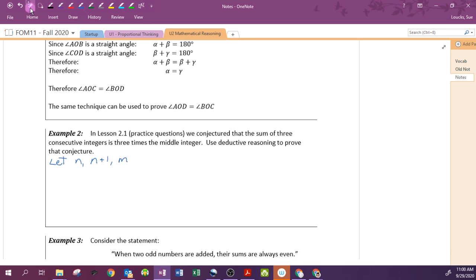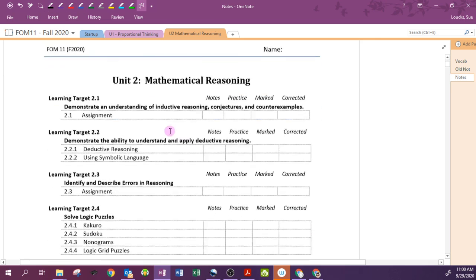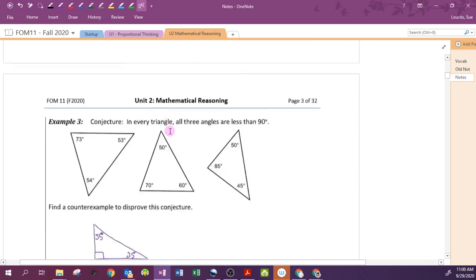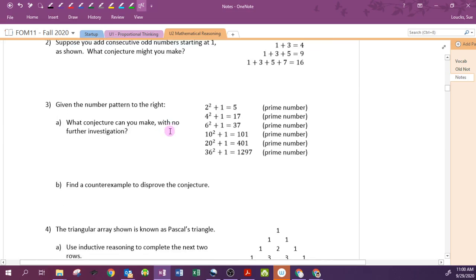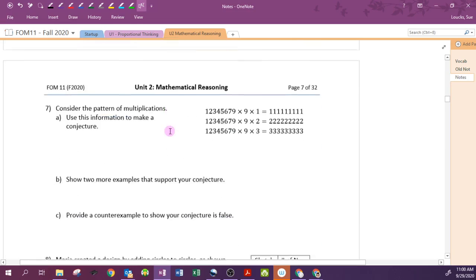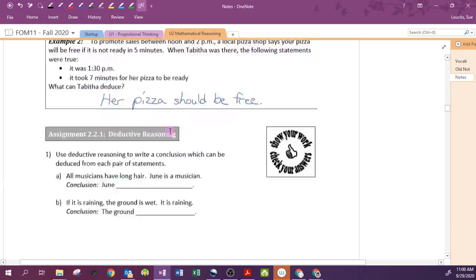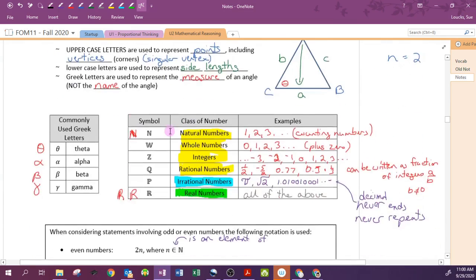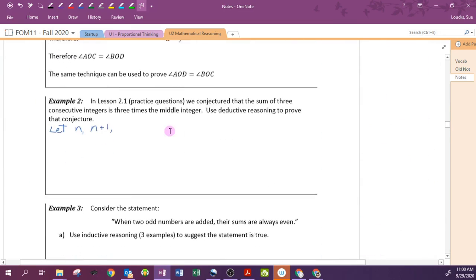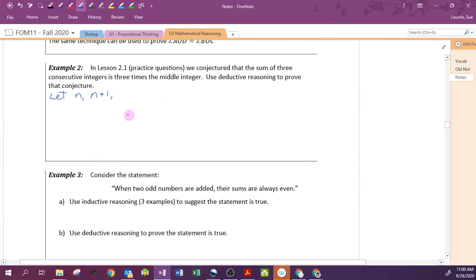It'll be n plus 2. All right. So let n, n plus 1, n plus 2 be 3 consecutive integers.